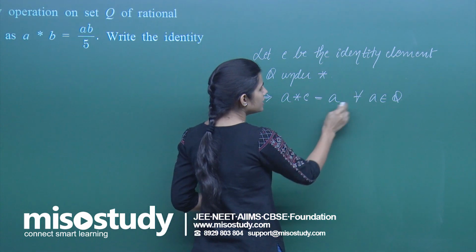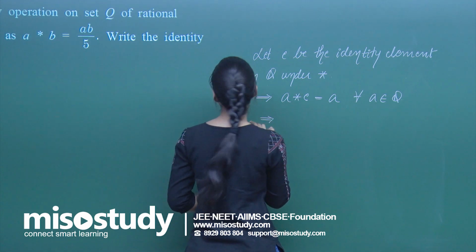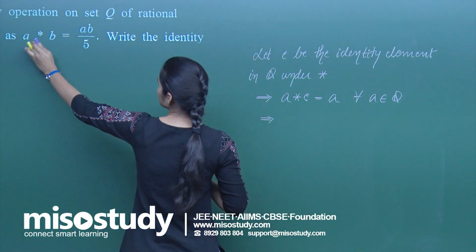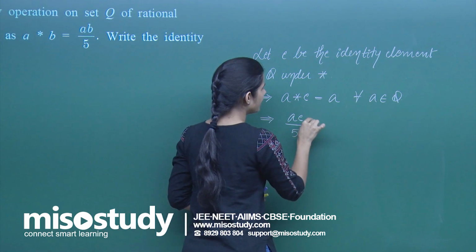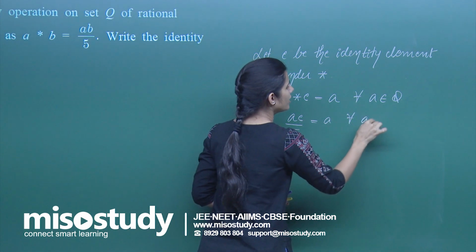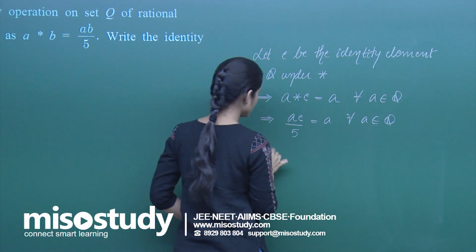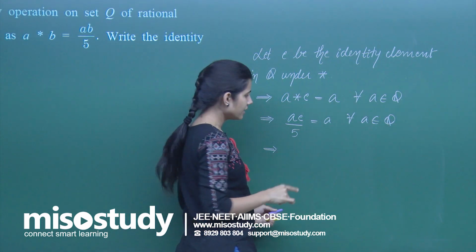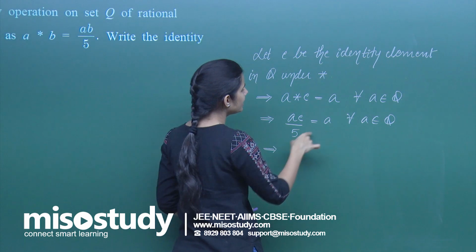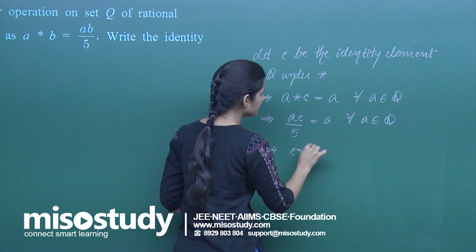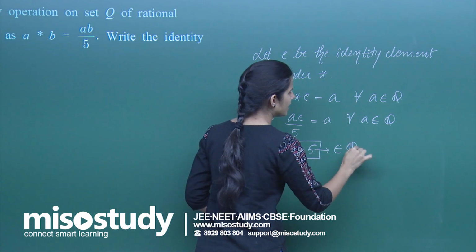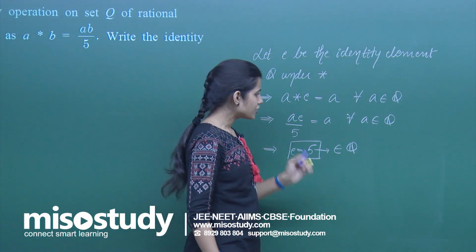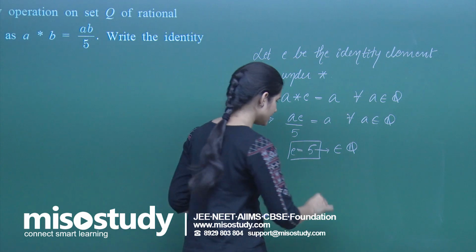This implies a star e is a for all a in the set of rationals. a star e is ab by 5, so it is ae by 5 equals a for all a in the set of rationals, which implies ae equals 5a and therefore e is equal to 5. And 5 very much is a rational number. So the rational number 5 happens to be the identity element.